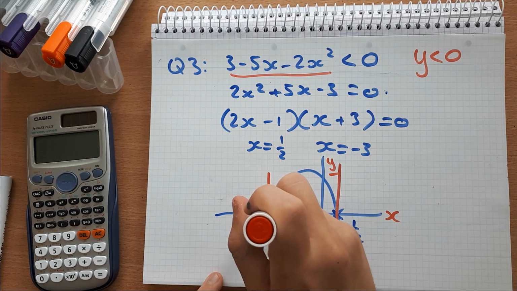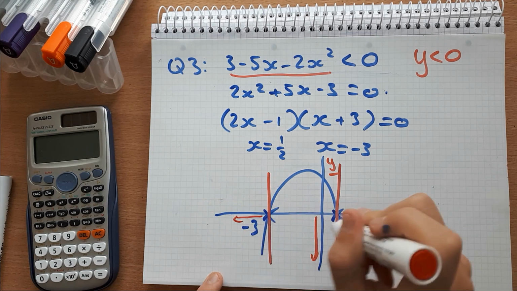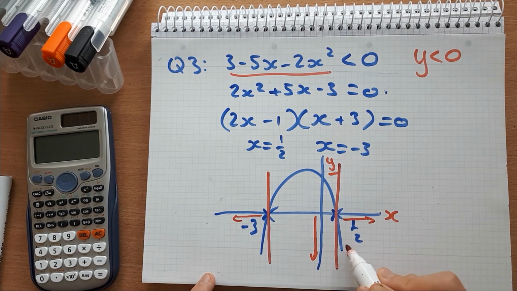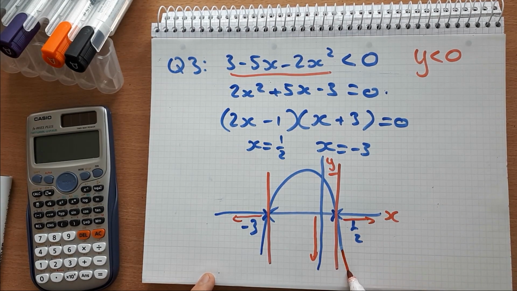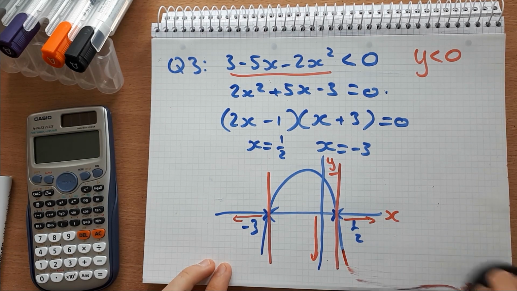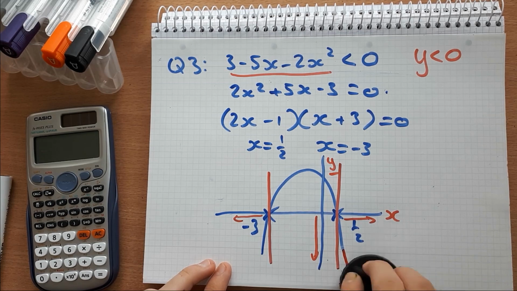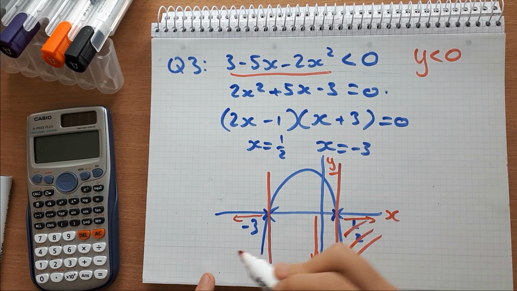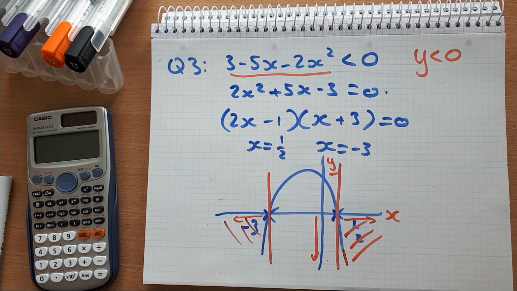Technically starting from here it's this way, and starting from here it's this way, because the curve is still continuing. For example, that will keep going down infinitely that way, if you know what I mean? As it extends further, it wouldn't have that curvature, but it would keep going. So it is in here and in here. So then we get our values.